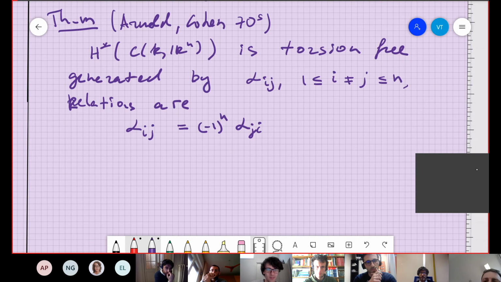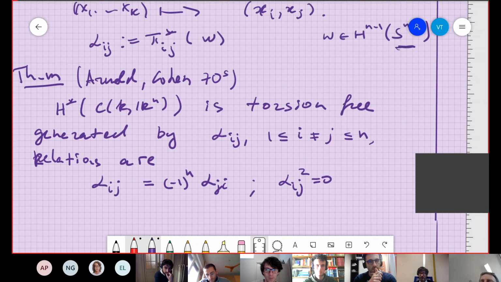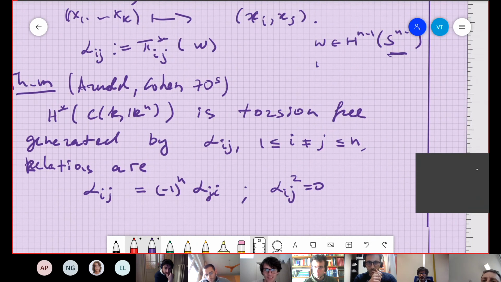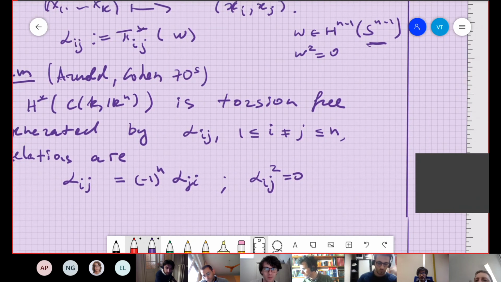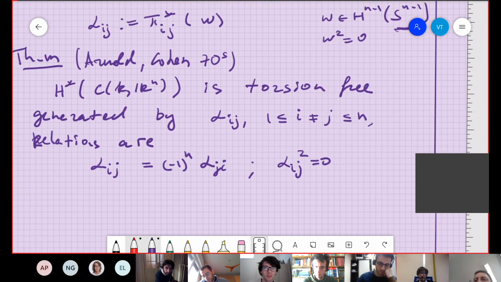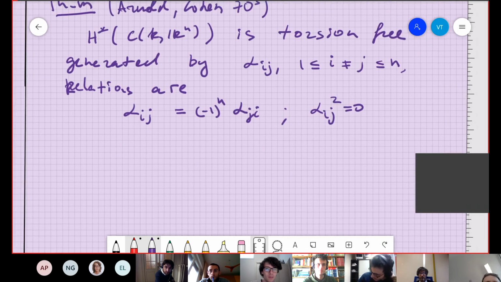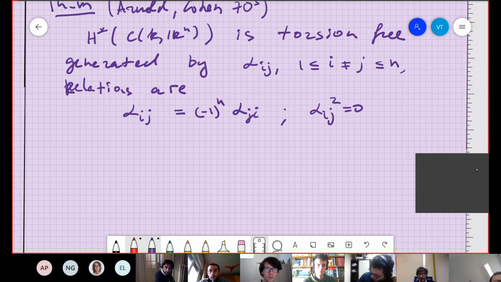Also, the square of alpha ij is 0, and this again follows from the fact that the square of the top cohomology class is 0. This is true for the cohomology of the sphere, which doesn't have cohomology in degree 2n minus 2. Pullback preserves the relations. And the most important relation is the so-called Arnold relation.